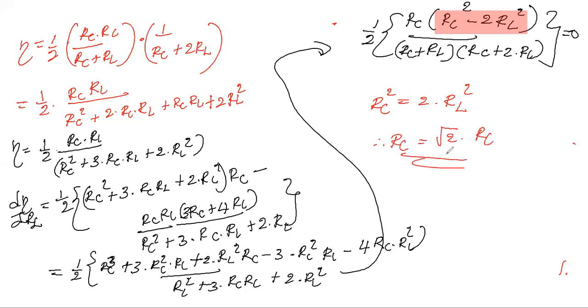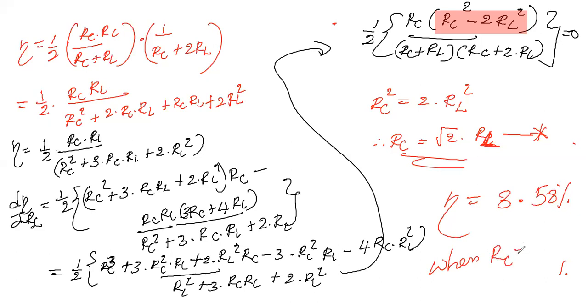This is the way I got that relationship. Then if you substitute this RC value, you can show that eta is around 8.58% when RC equal root 2 into RL. This is the eta max.